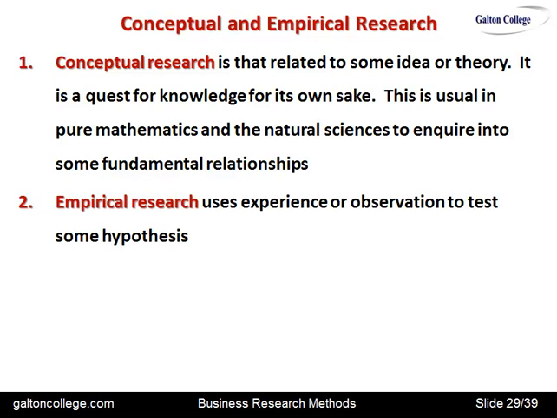Empirical research uses experience or observation to test some hypothesis. Empirical means done by experiment. It's using our experiences or observations to test some hypothesis. It's trying to work out what is the fact of the matter, what is the relationship between, let's say, 2 variables or 10 variables. But what is the relationship?